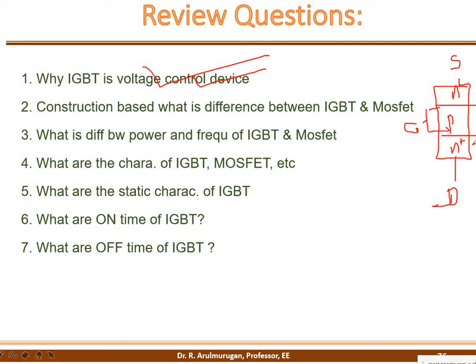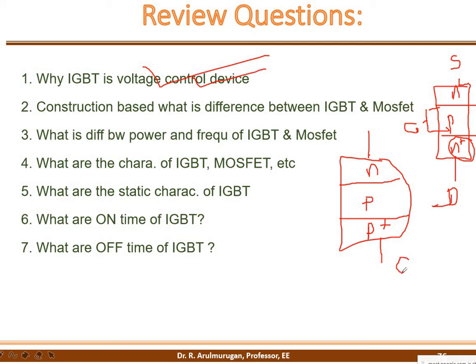In the IGBT, the N plus layer is replaced by a P plus layer, so you form a P plus layer. N plus is replaced by P plus, the remaining is the same: P, then after that N. Then the terminal on top is the collector terminal, and the other one is the emitter terminal.